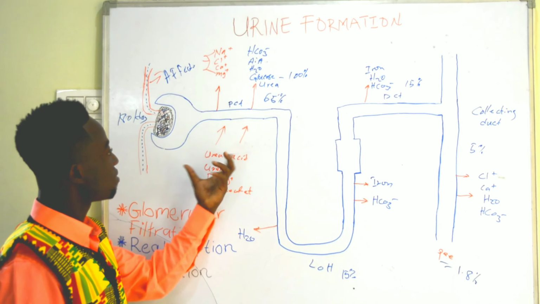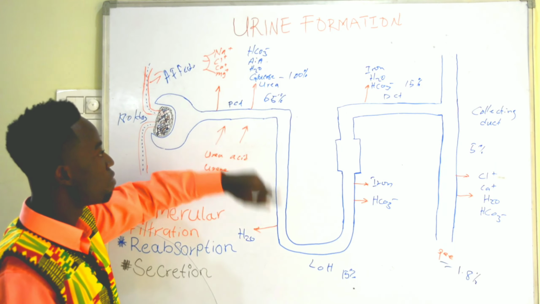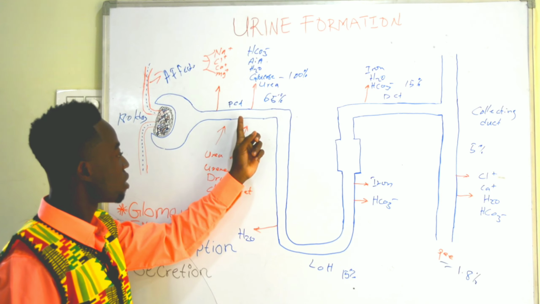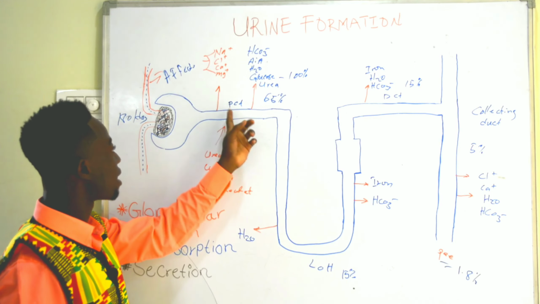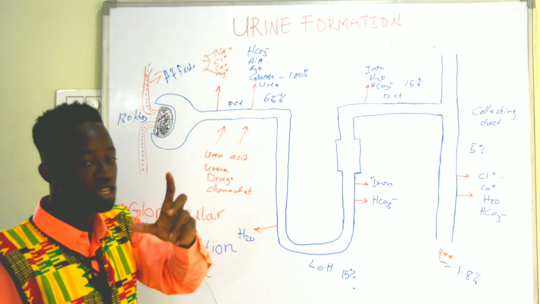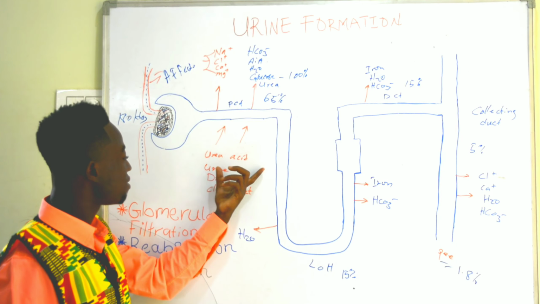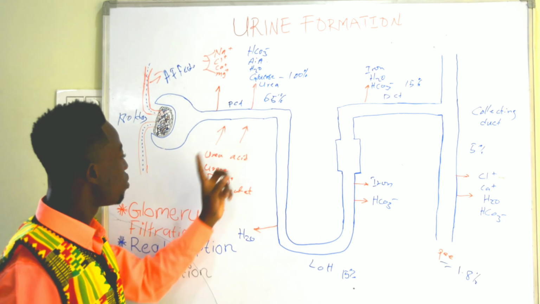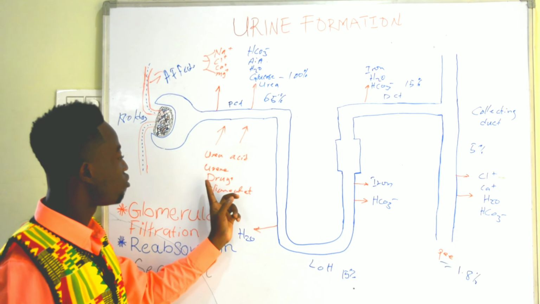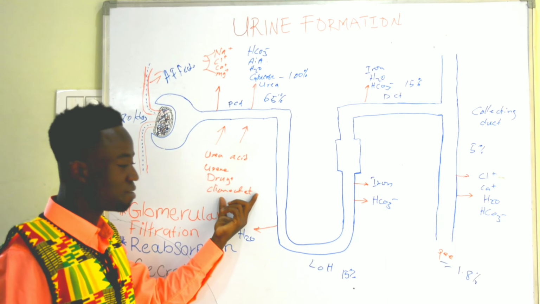So these are substances that are going to be thrown back into the nephron from the bloodstream. We have uric acid, we have urea, we have some drugs, we have creatinine.